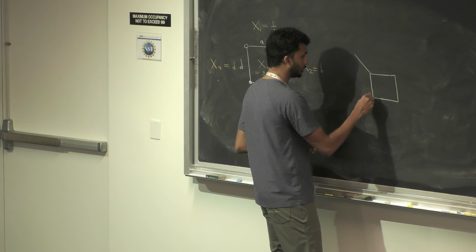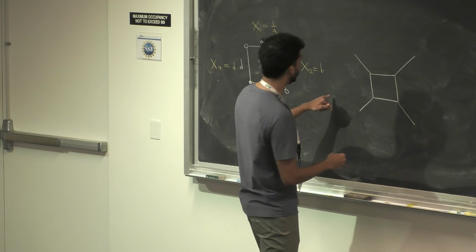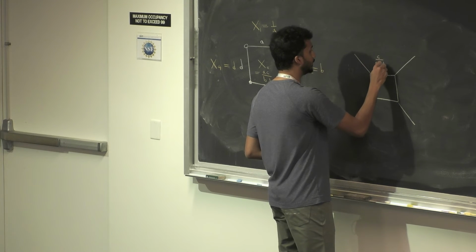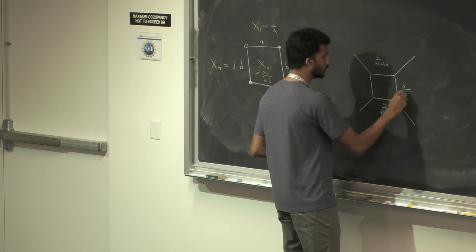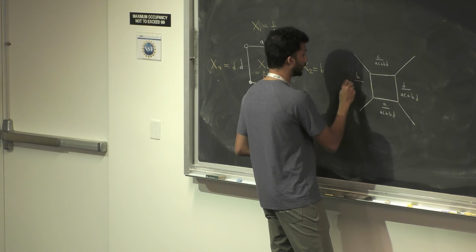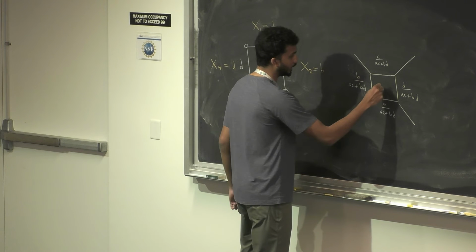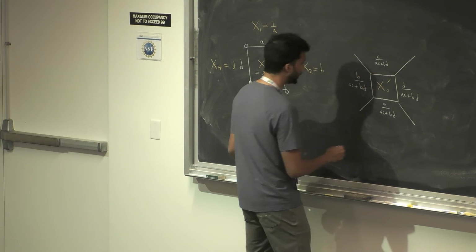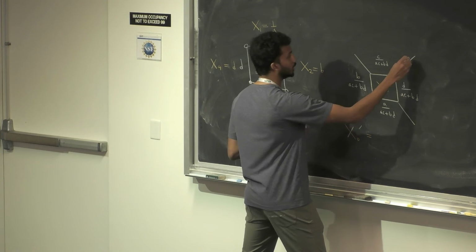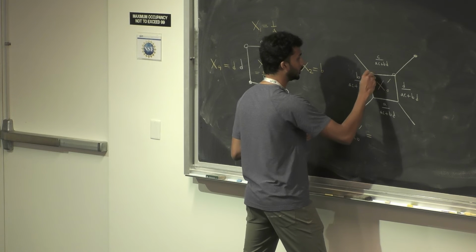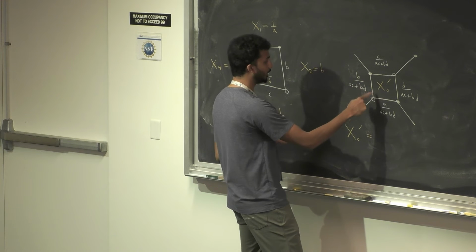And once you replace it with a spider, you get these A prime, B prime, C prime, D prime. So here you have C over AC plus BD. And what are the new x variables? The new x variable here, let's call it x0 prime, is the alternating product where you're in the numerator if you're going from black to white.